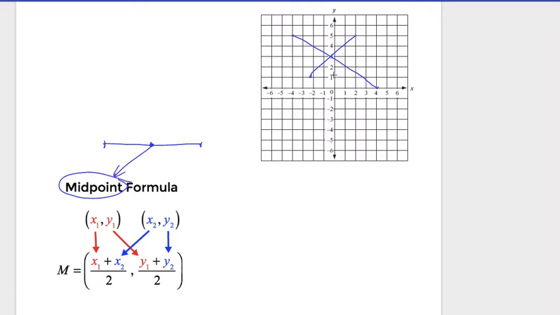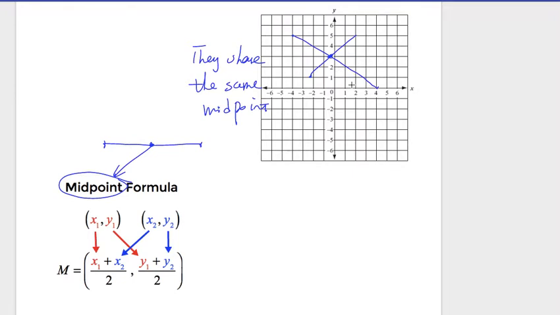The reason we use it here is that if I can prove the two segments share exactly the same midpoint, then that tells us they cut each other into two halves. So we are going to use the midpoint formula to determine whether both segments have the same midpoint. If yes, that means they bisect each other.